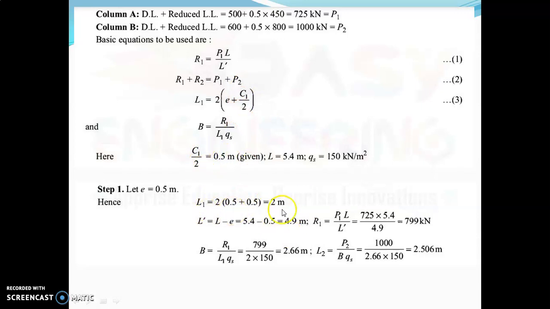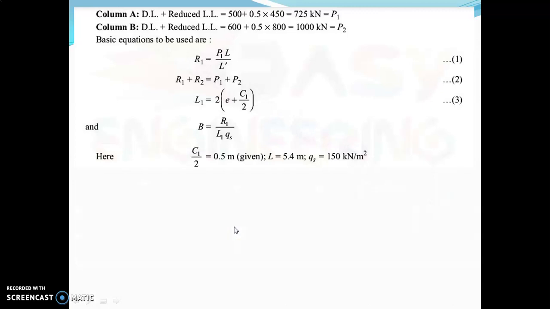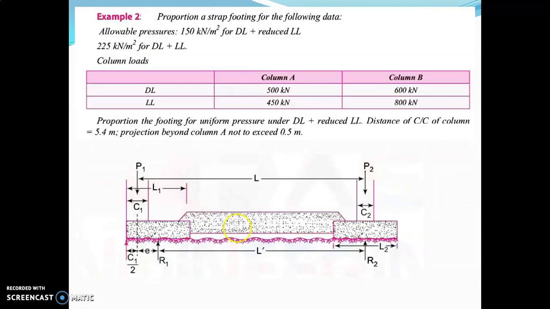So you get L1 is equal to 2 meter. What is L dash? L dash is equal to L minus E. This is L dash.